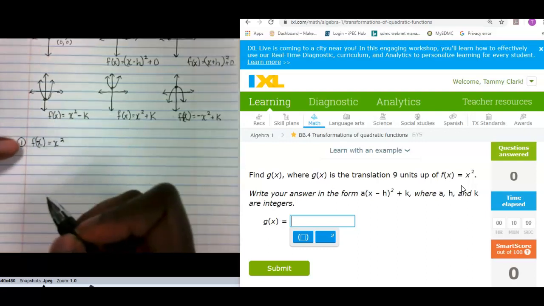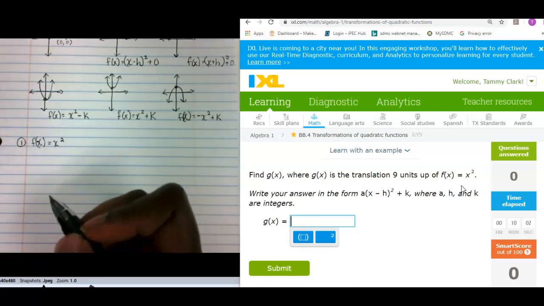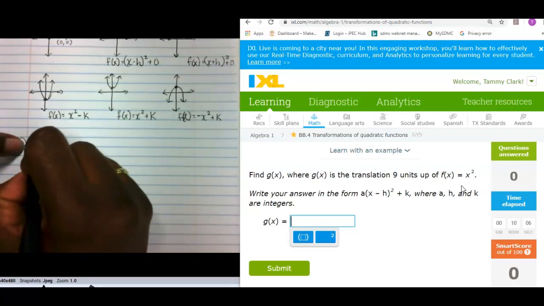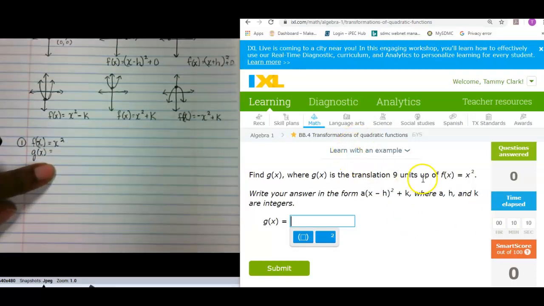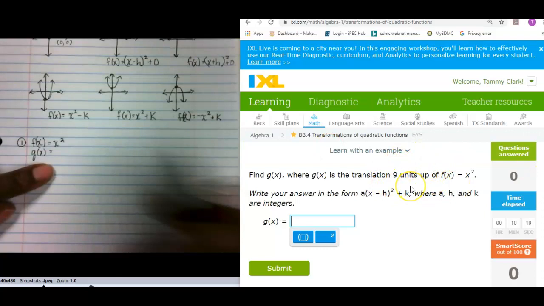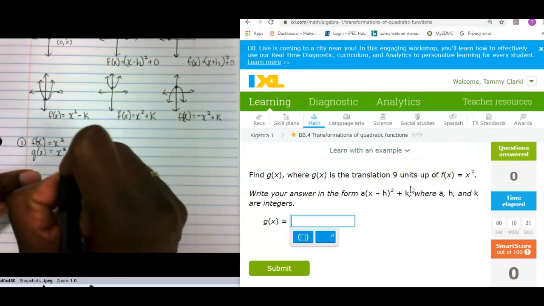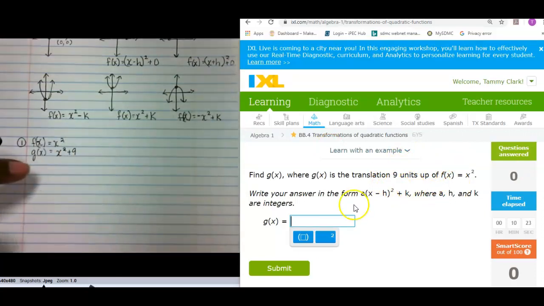What they're asking us to do is to move our original function to create a new function, which is called g of x. Now, there is no left or right movement, so we're looking at just the k, and we know that because it says 9 units up. So our new function would be x squared plus 9.